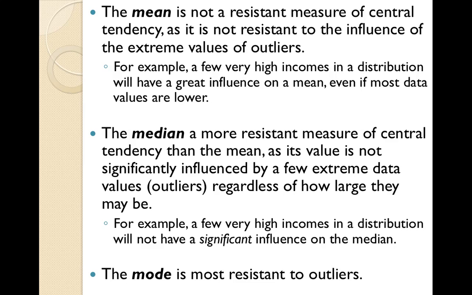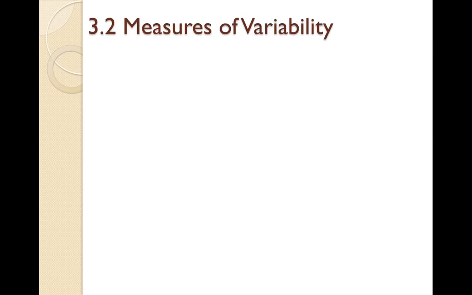And the mode, though, is not really affected by those outliers because the mode is still the point of highest frequency, the number of greatest frequency. And since you only have a few of those extremely high incomes, they are not going to be the mode. Okay, so that was the mean, the median.